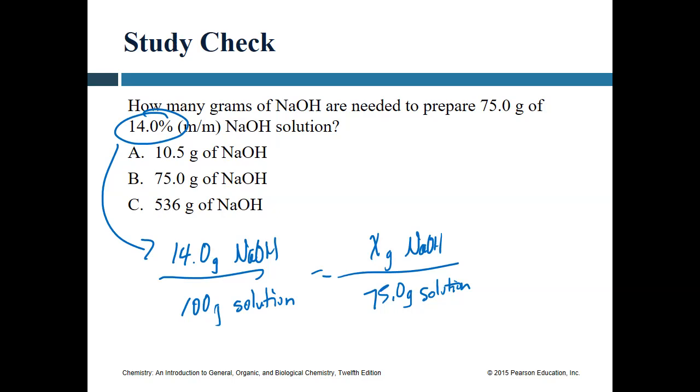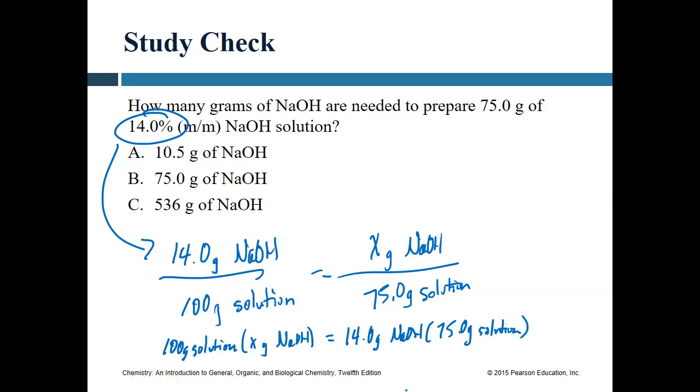Cross multiply and solve. 100 grams of solution times X grams of sodium hydroxide is equal to 14.0 grams of sodium hydroxide times 75.0 grams of solution. To get X by itself, I need to divide each side by 100 grams of solution.